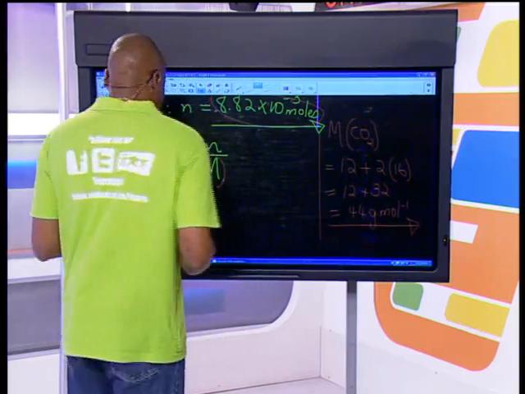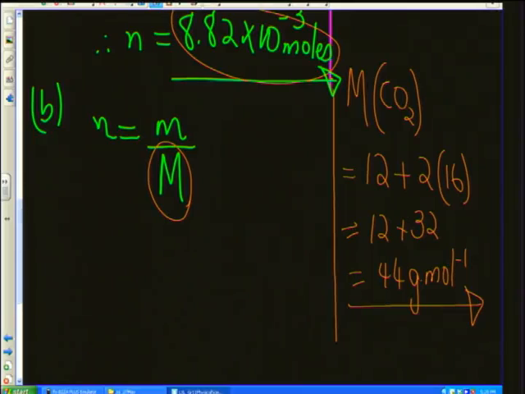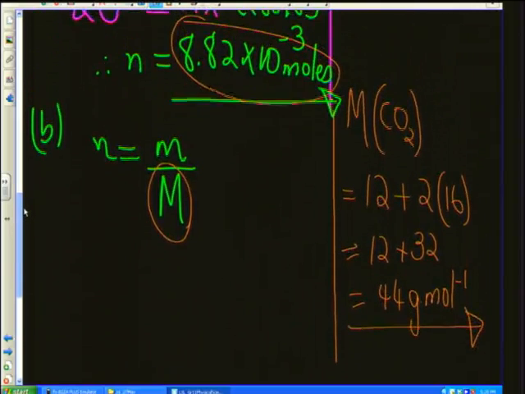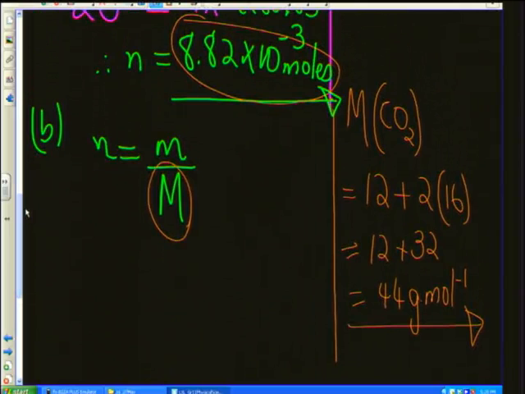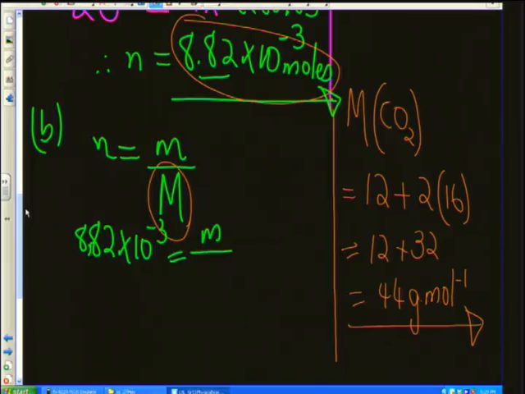For every mole, we will have a mass of 44 grams. That's what it means. Therefore, finishing off my calculation, I will substitute the number of moles with what I calculated here, 8.82 times 10 to the power minus 3. Mass is what I'm looking for, and the molar mass I have calculated is 44.